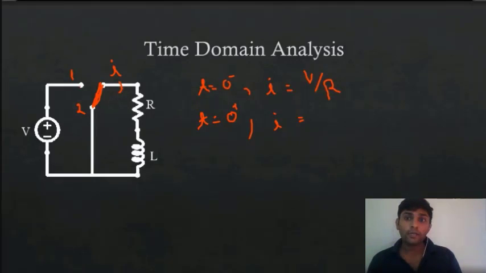If you make it 0, it means your current across the inductor changed from V by R to 0, but that's not the property of an inductor. The inductor doesn't allow any change, meaning if the current was this, the current will remain the same.